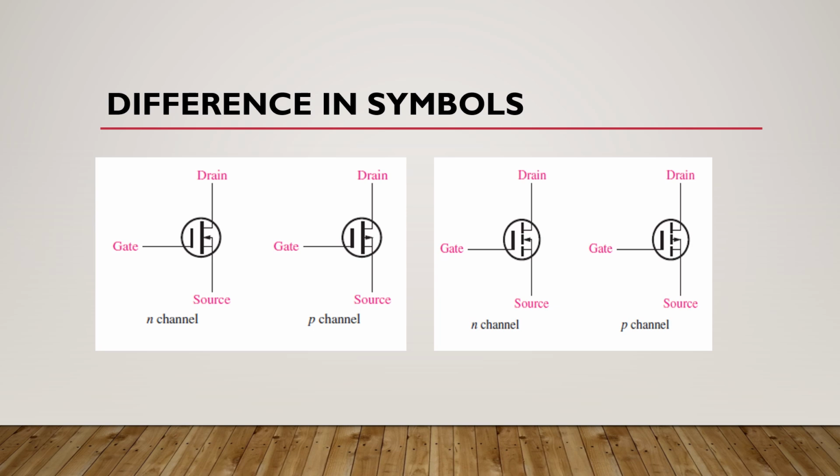We know that these are the symbols of depletion type MOSFET, and these are the symbols of enhancement type MOSFET. Now the line in the MOSFET symbol between the drain and source connections represents the transistor's semiconductive channel.